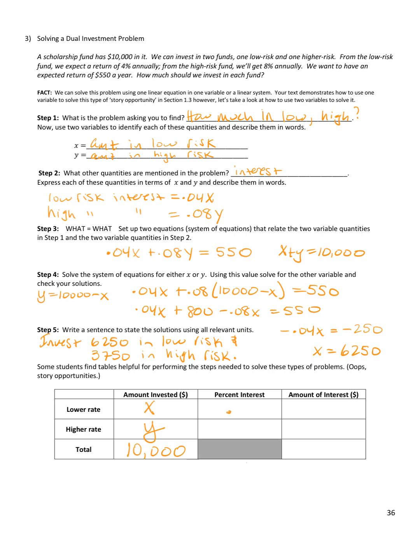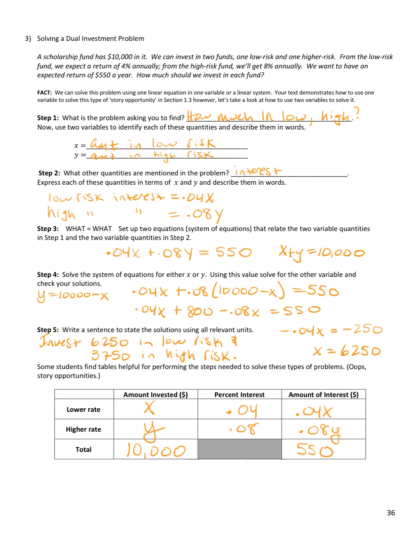And then our interest rate is 4% and 8%. And then you multiply across to get the amount of interest. So we have 0.04x and 0.08y. And then when you add the amount of interest together, we're supposed to get $550.